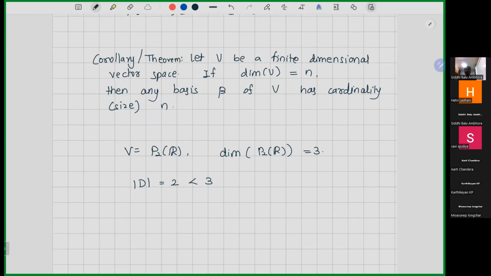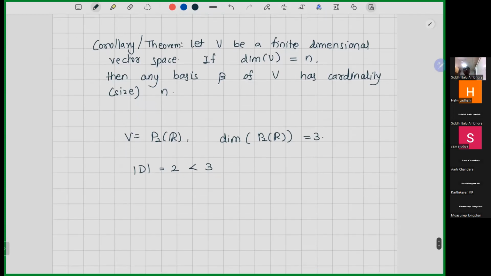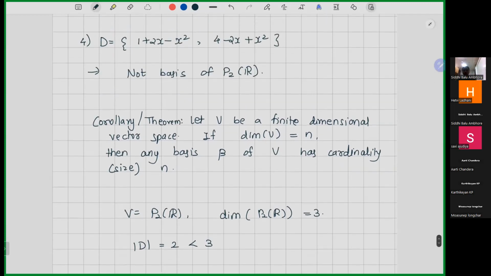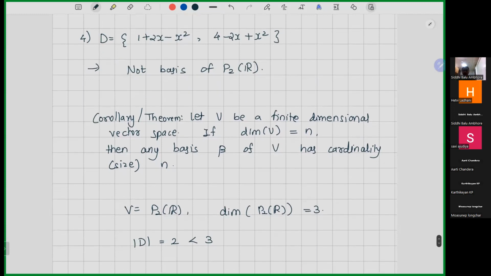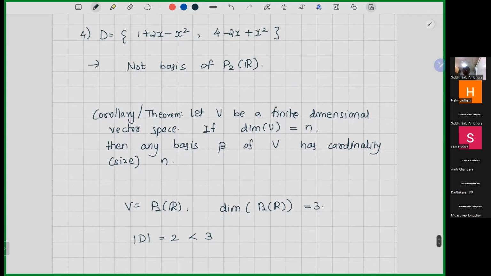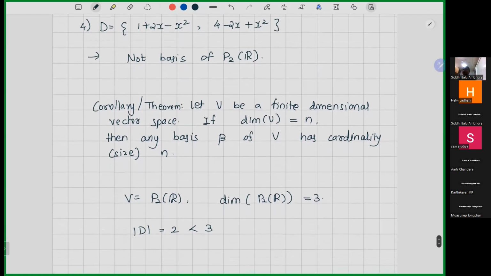That if B is to be a basis, it has to have the same cardinality as the basis. All the bases have the same cardinality. We can't have bases with different cardinalities in the case of finite dimension. Okay, so that's why this is not a basis of P2R.